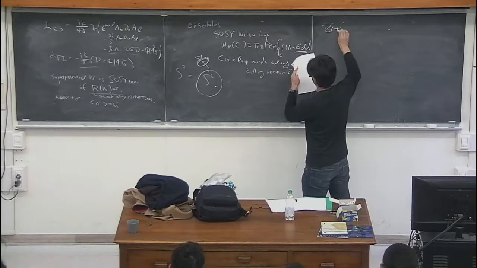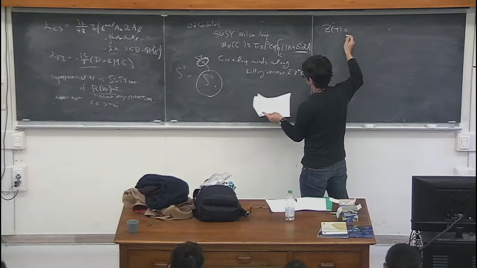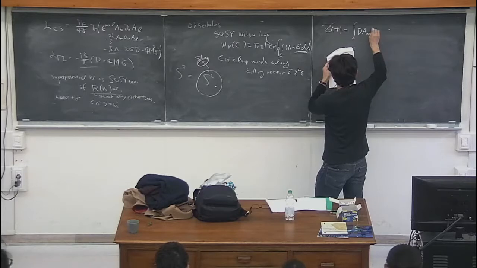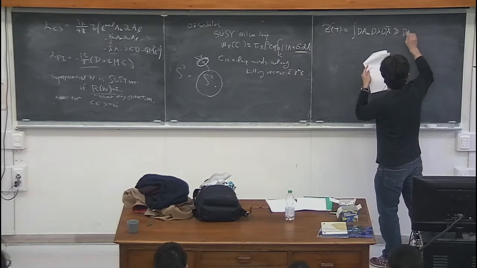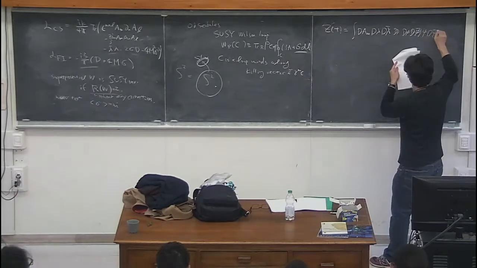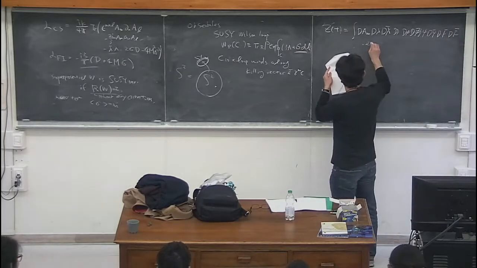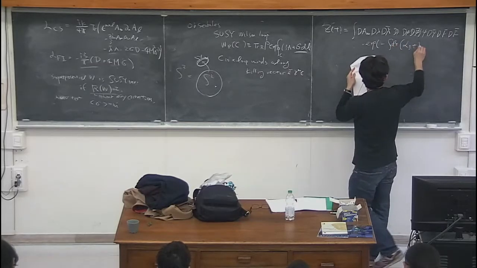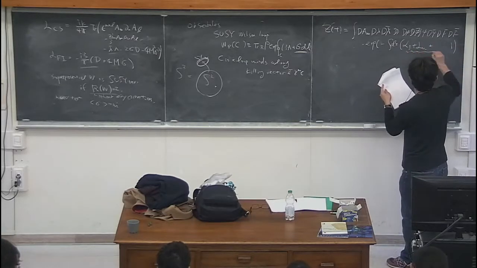Then the localization. We integrate over the fields, times the expectation of exponential of minus L_G plus L_M plus dots, at tree level.